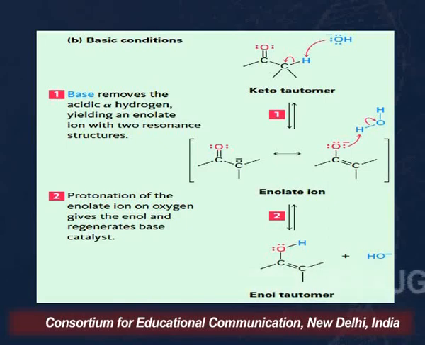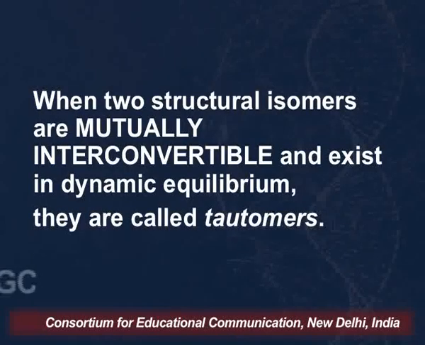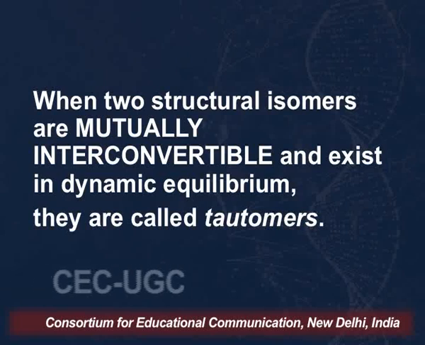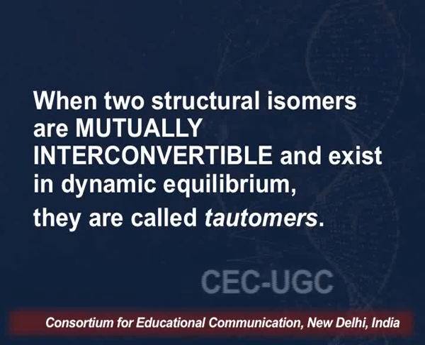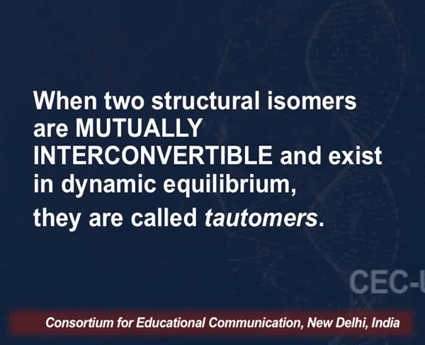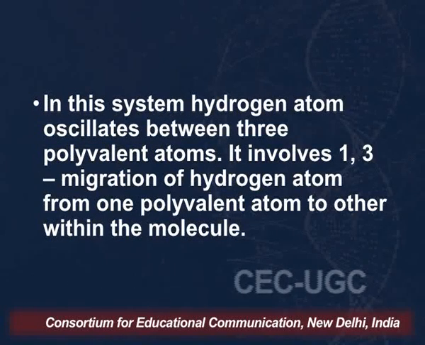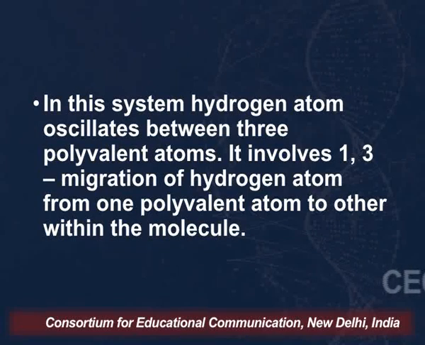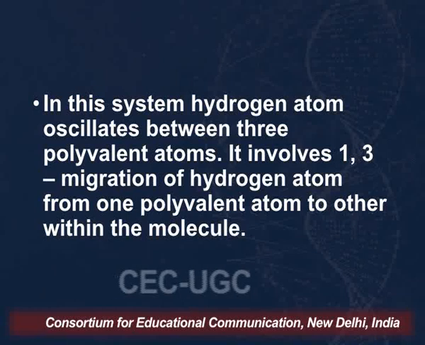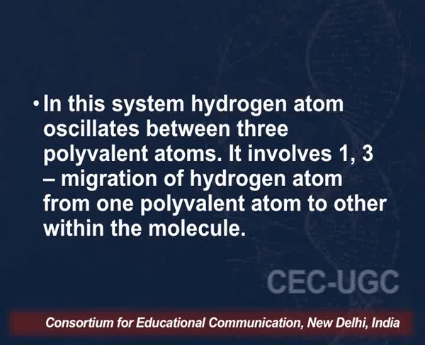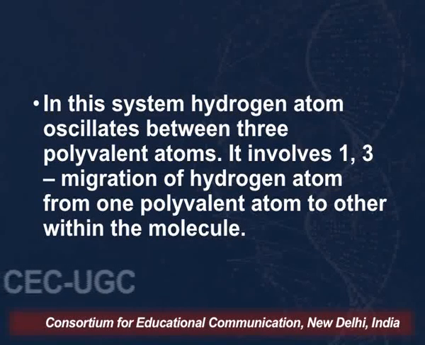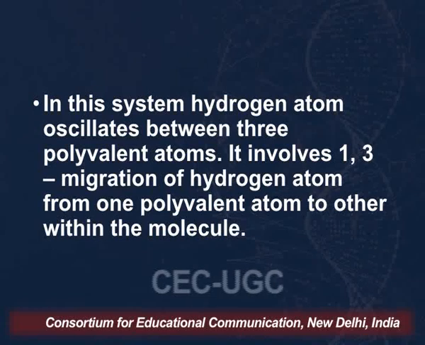So now, in other words, we can say when two structural isomers are mutually interconvertible and exist in dynamic equilibrium, they are called tautomers. In this system, a hydrogen atom generally oscillates between polyvalent atoms. That is, it involves 1,3 migration of a hydrogen atom from one polyvalent atom to the other polyvalent atom in the molecule.